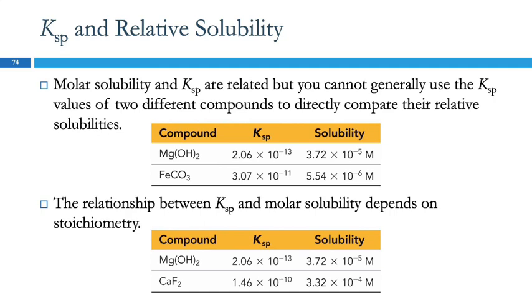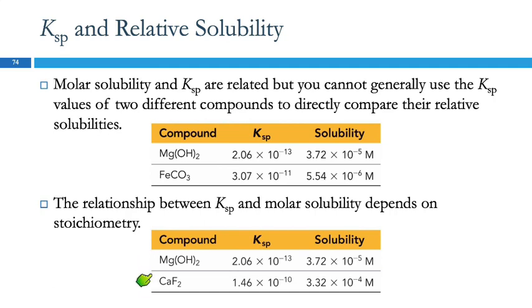So here, what are we looking at? Here we have magnesium hydroxide and iron carbonate. Well, iron carbonate has a 1-to-1, one ion of each kind, and this is 1-to-2, right? So here the KSP is smaller, but the solubility is larger because of the stoichiometry.